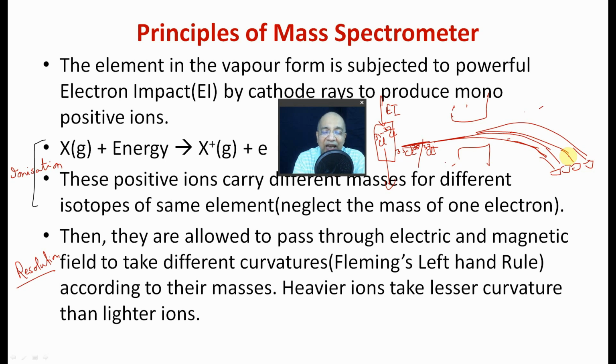in a particular channel, a particular stream, produces a proportionate amount of microcurrent. The more the abundance, the greater the microcurrent it produces in the detector. These are detectors, very, very sensitive detectors.